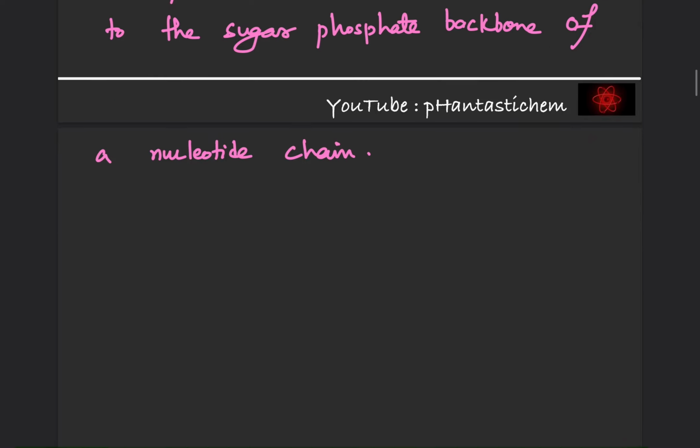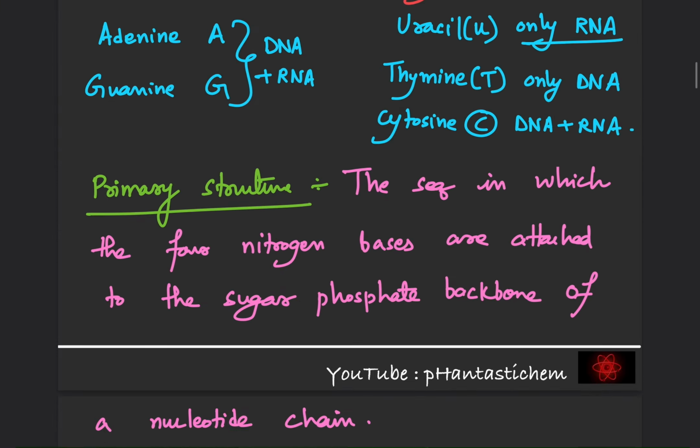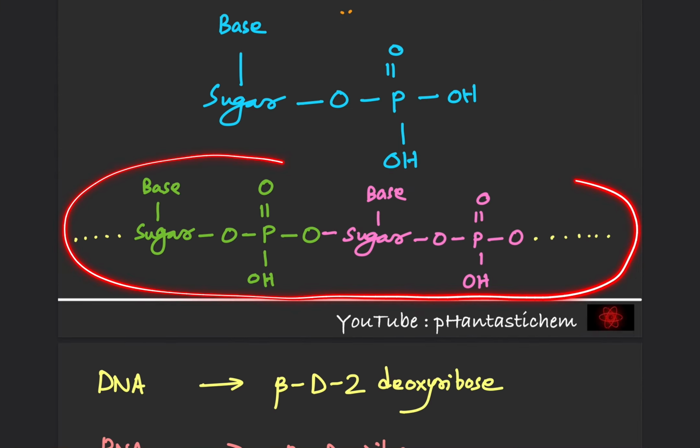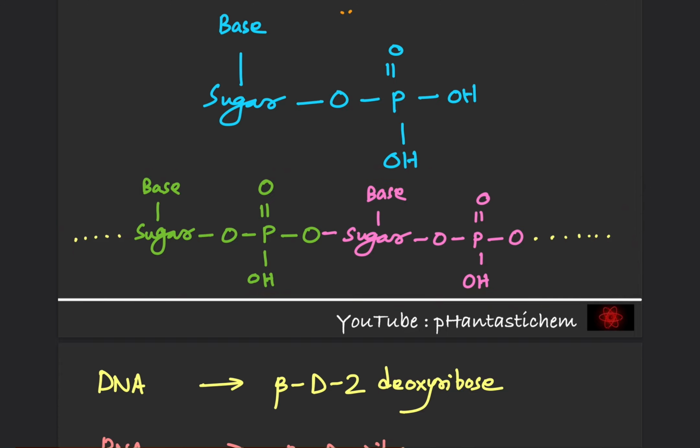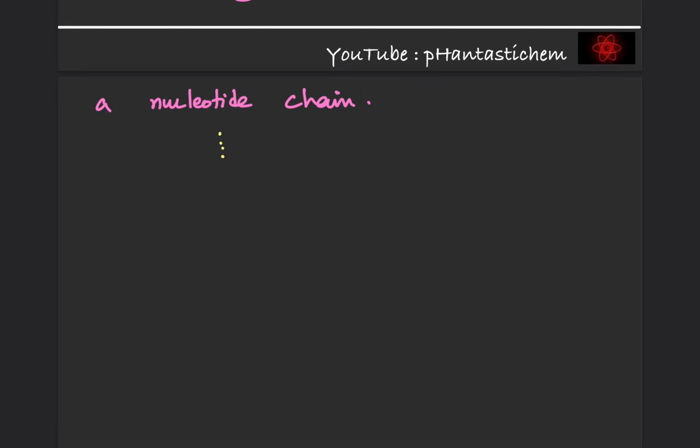Okay, to understand this, I will draw a nucleotide chain in general. So it will look something like this. Remember, we have already drawn it. Do you remember this? Yeah. So this is a nucleic acid or a nucleotide chain. So let's draw this again. So we will have sugar, which will be connected to base, that will be connected to a phosphate group.